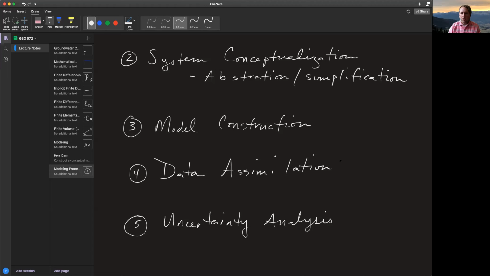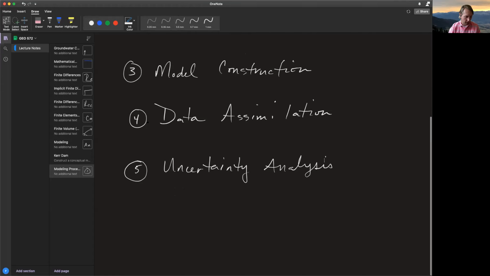Once we do all this sort of uncertainty analysis, we might think of the final step for the output as us using the model to then finally address some question.